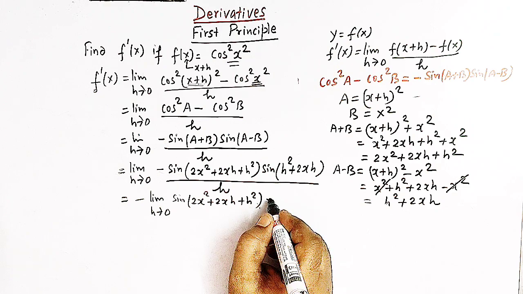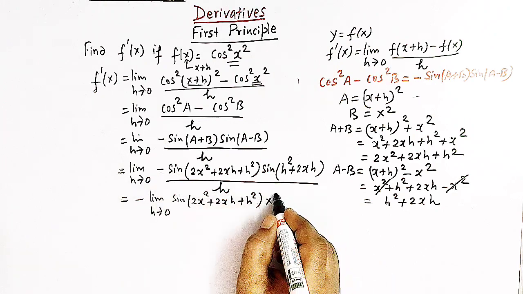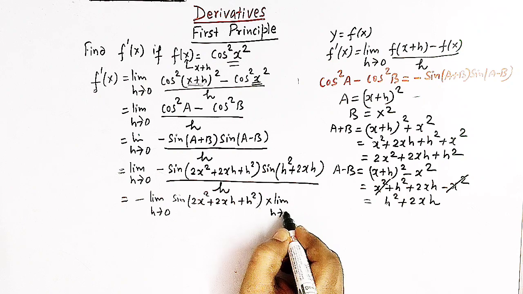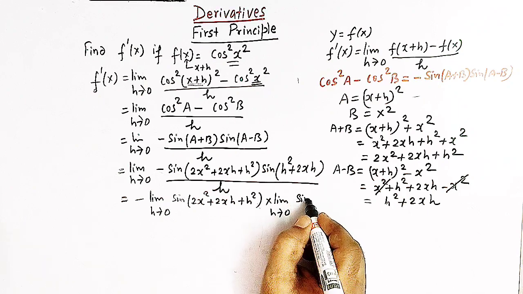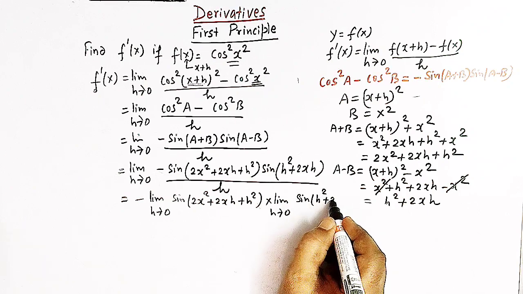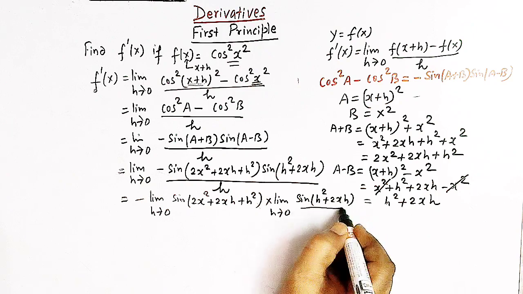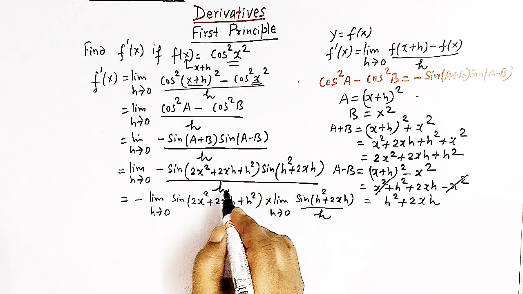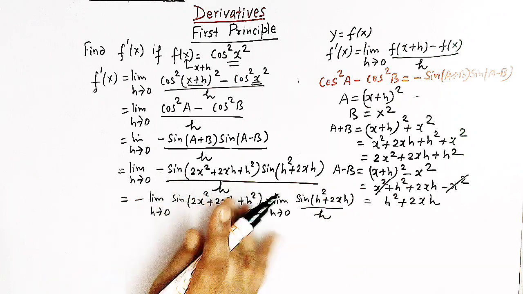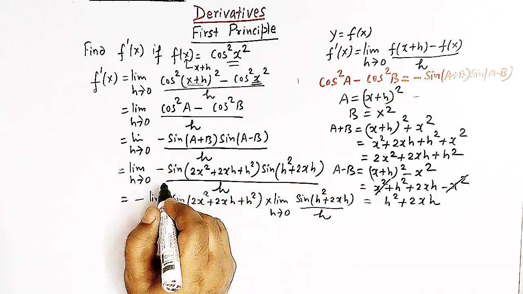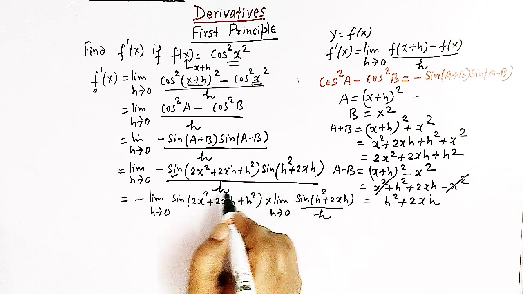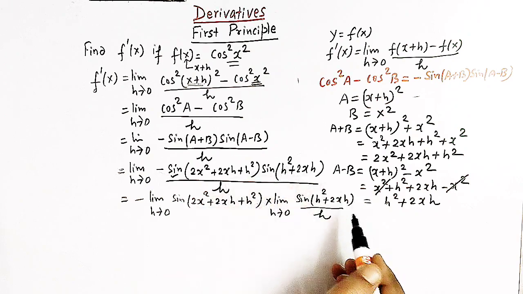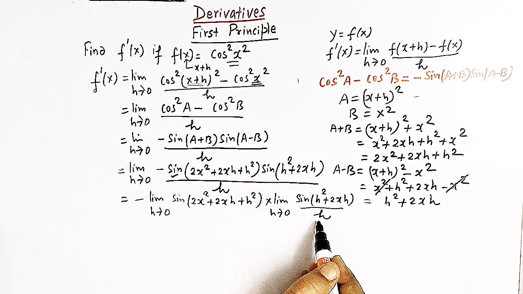And then we can now take limit h tends to 0 of sine of h square plus 2xh divided by h, right? So what we will do, we'll take the separate limit of this function, and then we'll combine sine of h square plus 2xh over h, right?